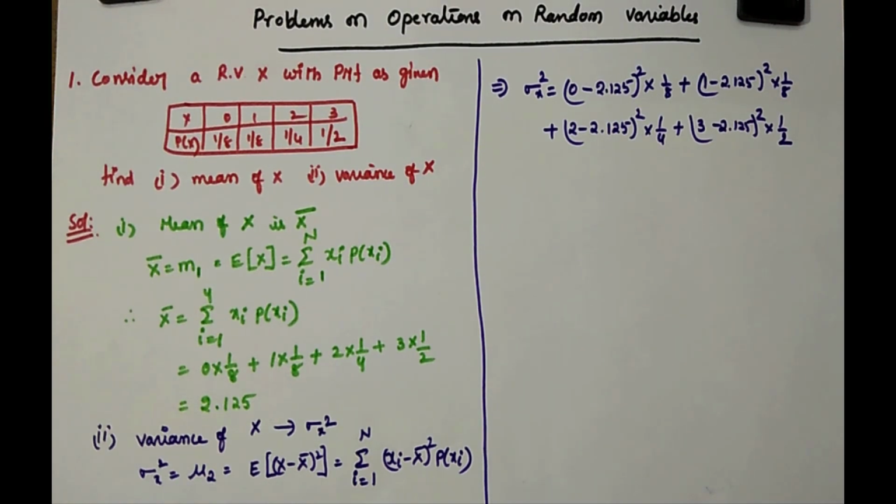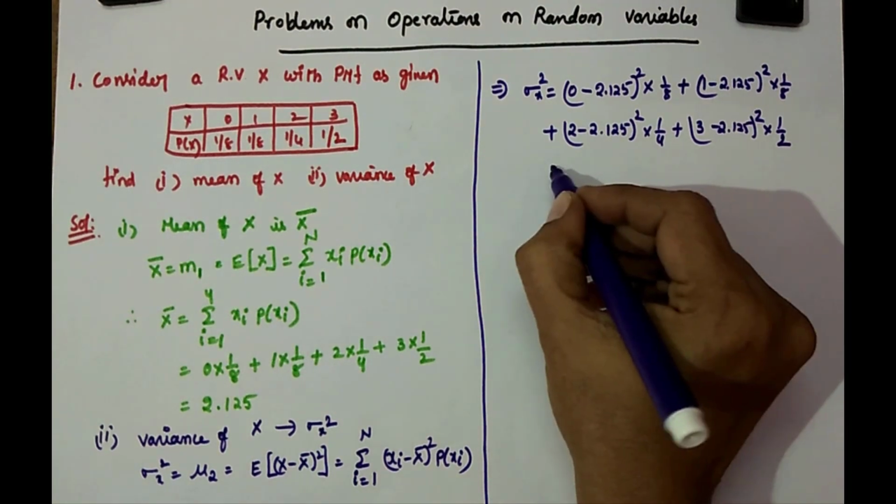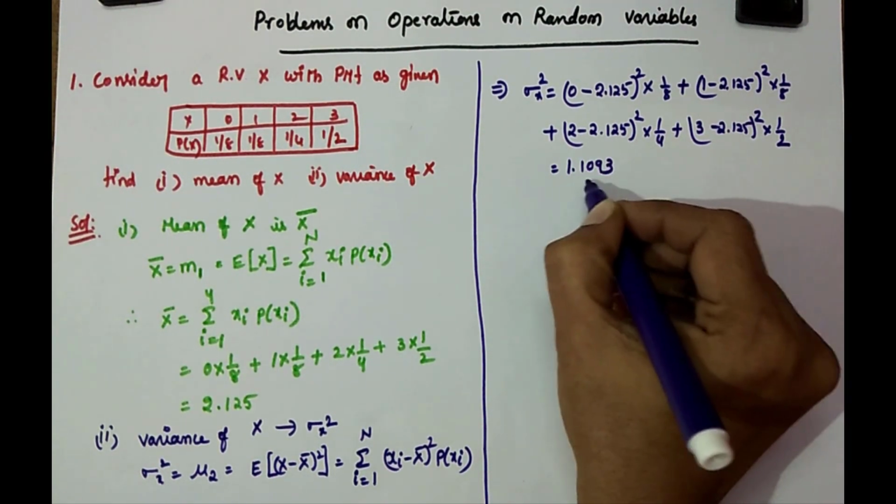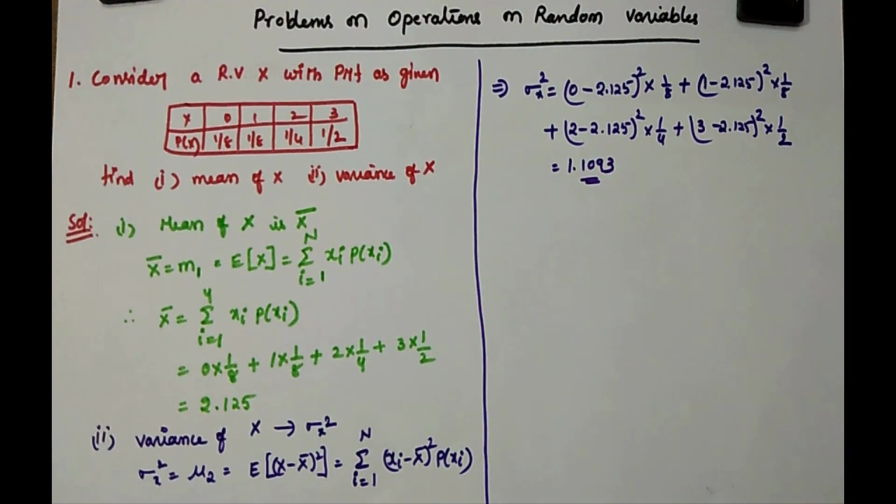So that is the expansion of your sigma x square. You're going to get the answer as 1.1093. Okay, so this is the way of finding mean of x and variance of x for a discrete random variable for the given probability mass function.